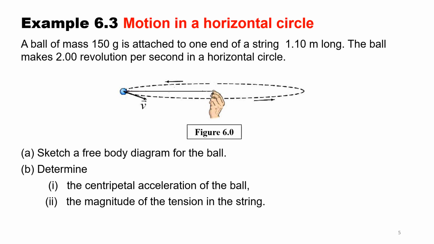The information that we have here, first one is the mass, and then the length of the string is equal to the radius of the circle, so r is 1.1 meter. And next one is the frequency f, which is 2 per second. Right, the question asks to sketch a free body diagram for the ball.